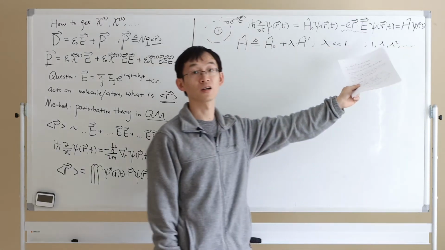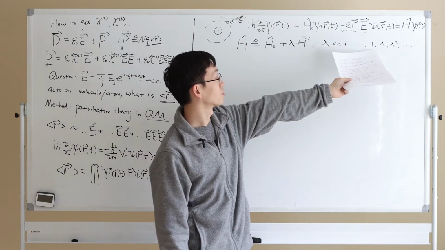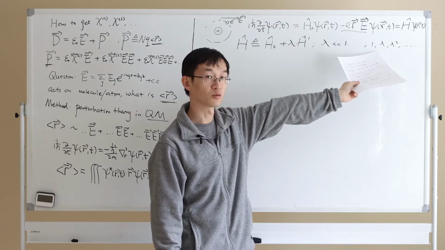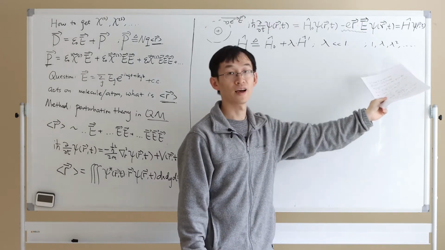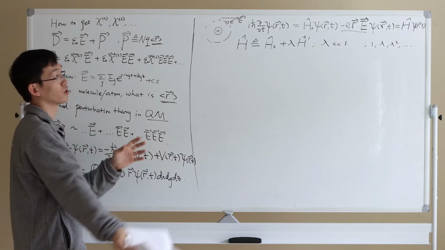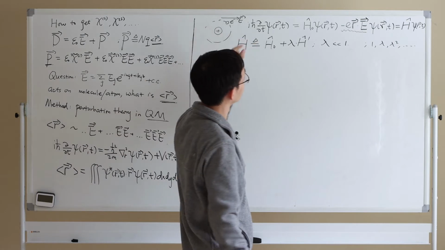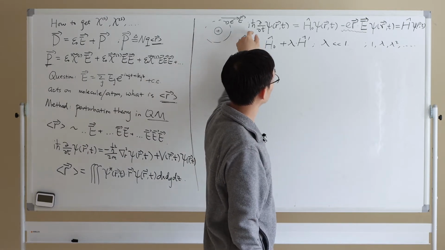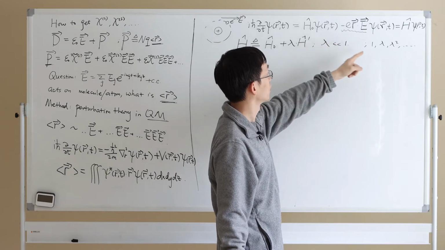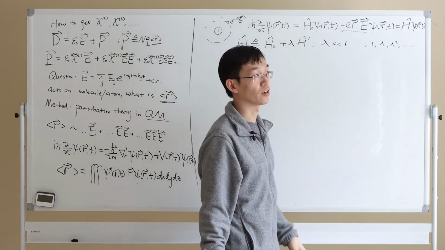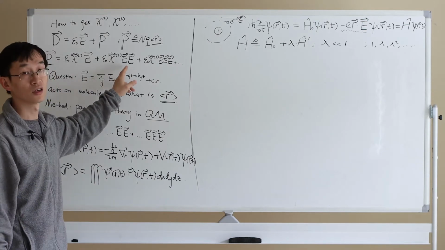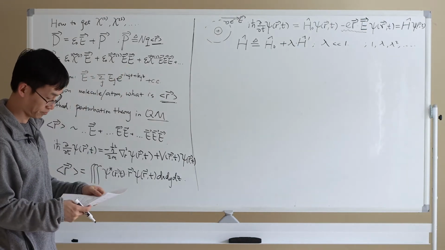This becomes perturbation theory because lambda is much smaller than 1, lambda squared is much smaller than lambda. Then you collect the same order on both sides of the equation, and you move from one complicated equation into a series of simplified equations, and then solve them order by order and give you this polarization.